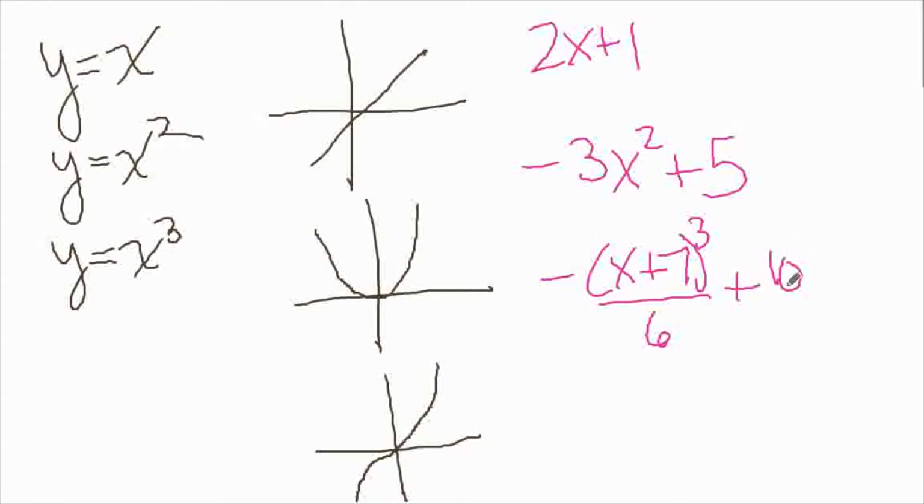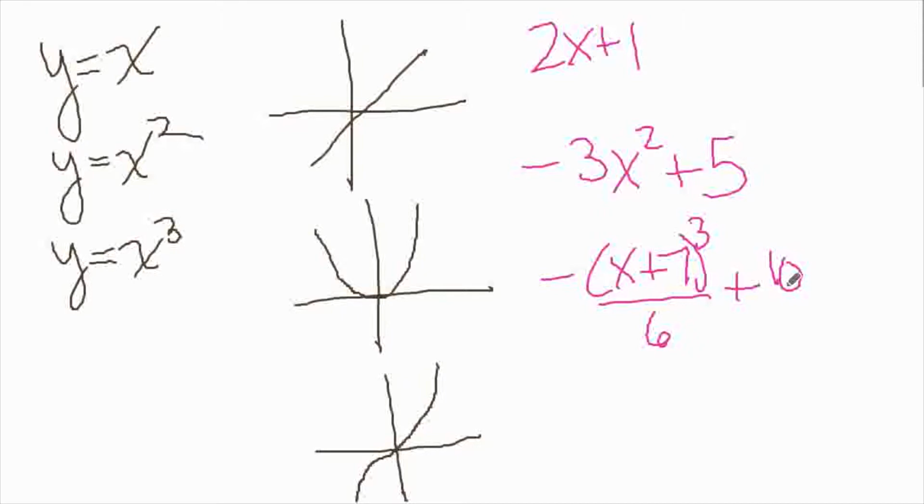All of these pink expressions are related to the toolkit, the simple ones on the left. And what do you do to convert the left graphs to the pink ones? Remember, there's stretching, compressing, shifting, and reflections involved. So that's my first response to how you graph something without a calculator or technology. That is a way to graph using technology, but if you wanted to get a sketch without technology, this would be the first thing I would say.